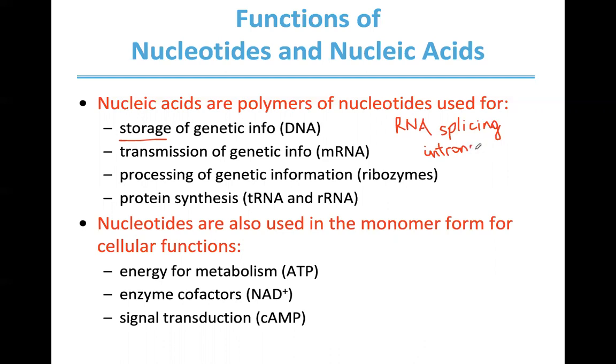Right, so there's introns and there's exons. Exons are part of the RNA which will carry the genes. Introns are those that separate the genes, right? So those parts have to be simply removed, and that's called RNA splicing.